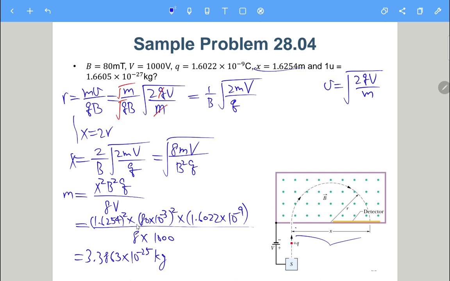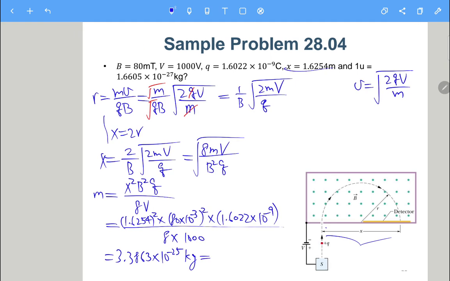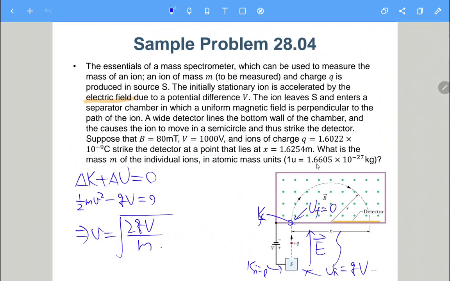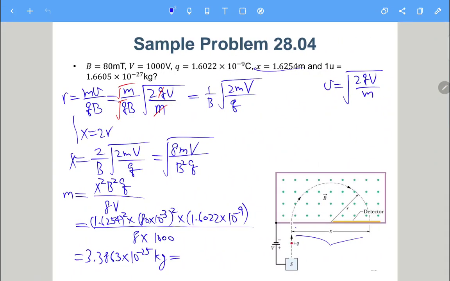But actually it asks you to represent it in the atomic unit. So you divide it by 1.66005 times 10 to the minus 27. So this is 203.93 u. Okay.